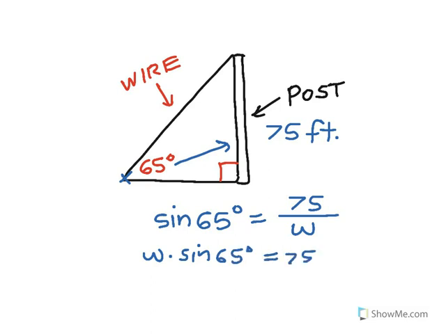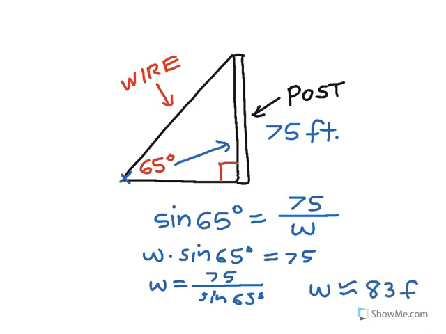So solving for W, W is equal to 75 divided by the sine of a 65-degree angle. Okay, and when I enter that in my calculator, I get W is approximately 83. So in this case, the wire is approximately 83 feet long.